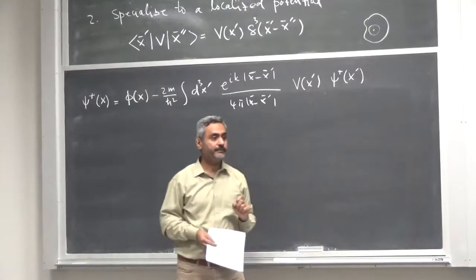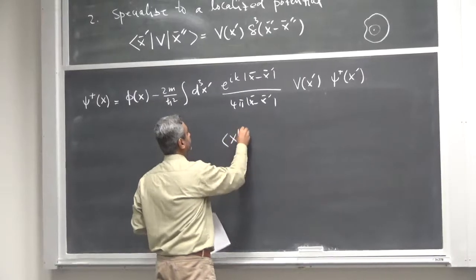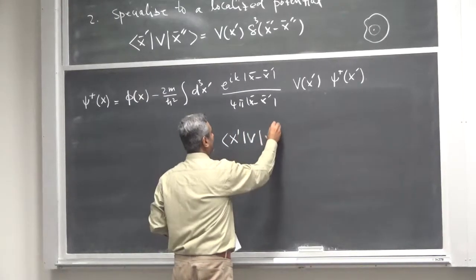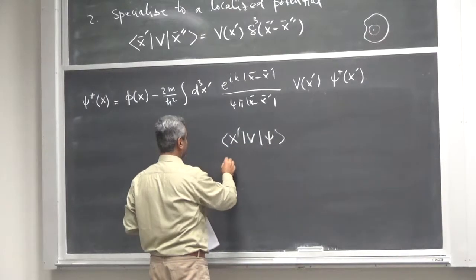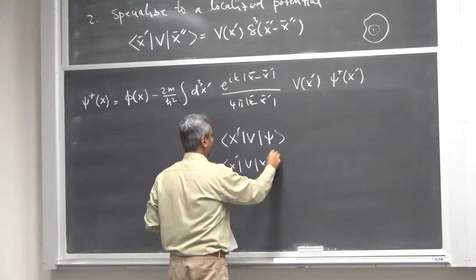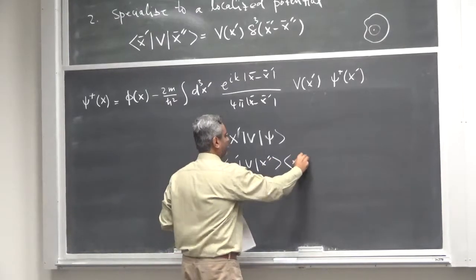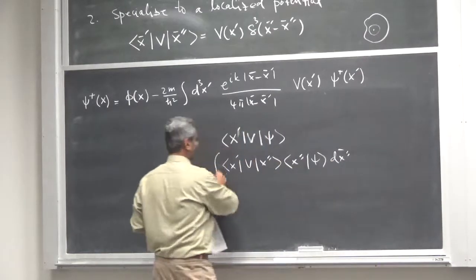Just at this point. In other words, you can see that x V psi prime. This is just x prime V x double prime psi V x double prime, like this.